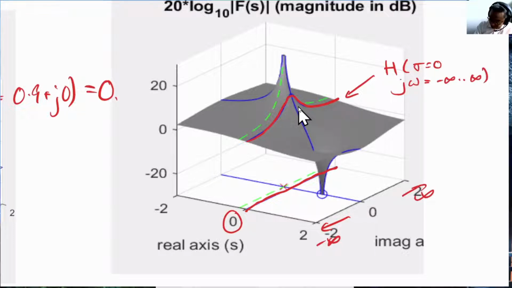This red line along this surface is, at this moment, from minus 2 to 2. This plot is the plot of h of j omega, which is the plot of the Fourier transform of h of t.